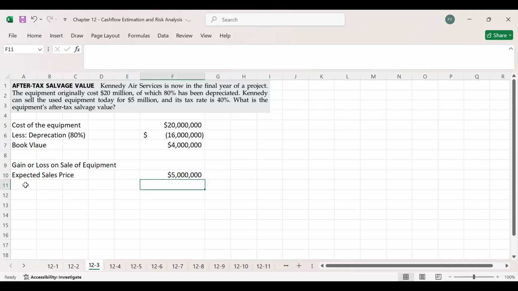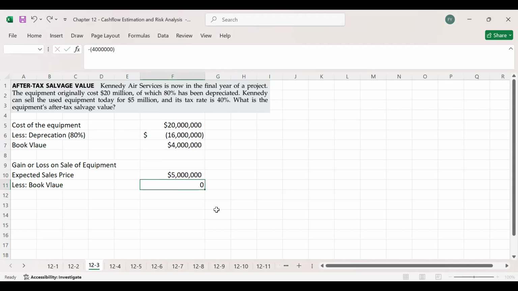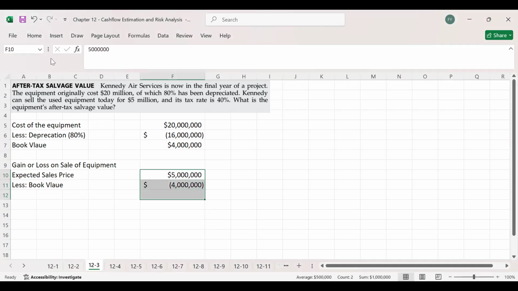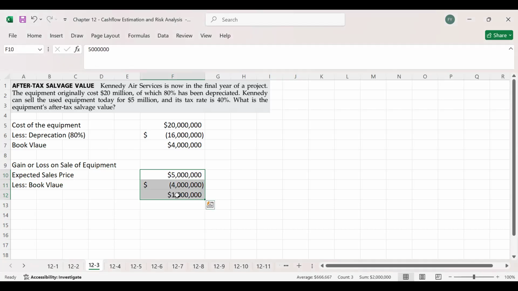Then we deduct the book value, which we have calculated, 4 million. Then we have the gain, which is 1 million. So this is the gain on sale.